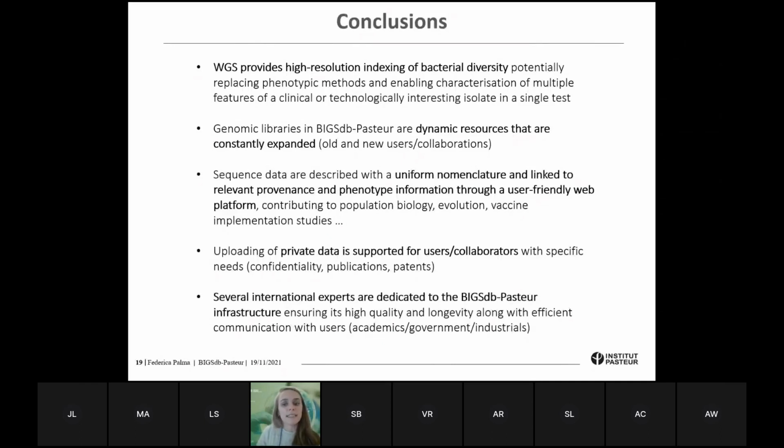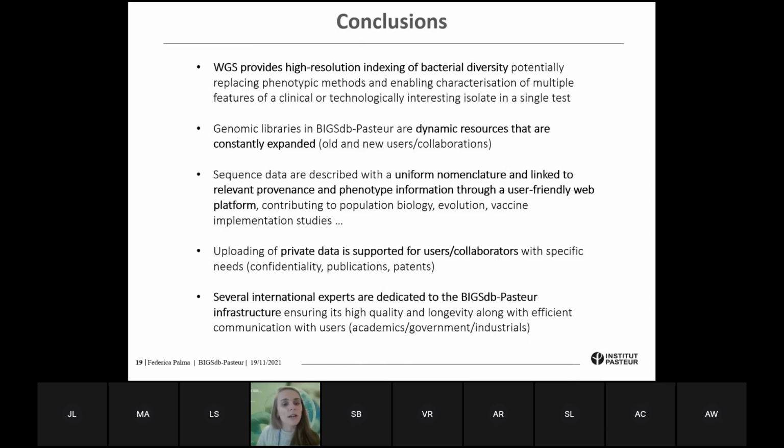So the genomic libraries in BIGSdb-Pasteur are dynamic resources that can be constantly expanded thanks to the contribution of our old users, of new users, or thanks to new collaborations, and which ensure a uniform nomenclature of sequence data and the link of this data to relevant phenotype and provenance information through the user-friendly interface, contributing to the plenty of studies that we saw before.